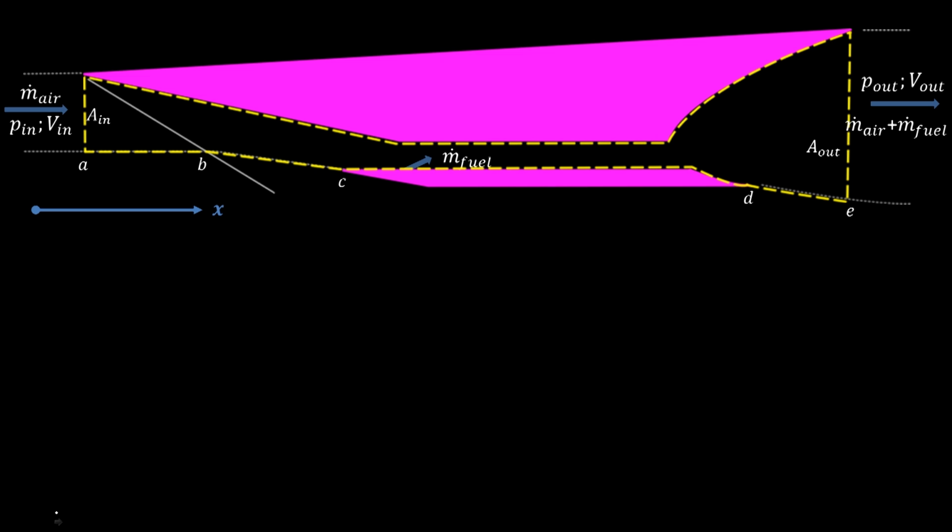Now in other analyses we may be interested in the lift forces generated by the engine or the vehicle itself, and then we would do similar calculations in the direction normal to flight. Okay, so now what are the streamwise forces on our control volume?